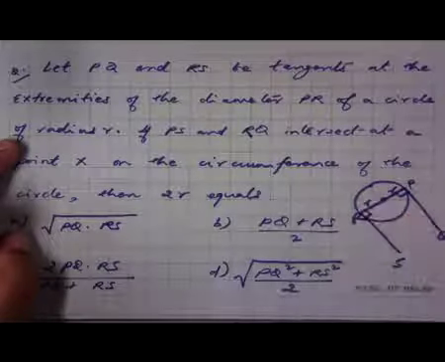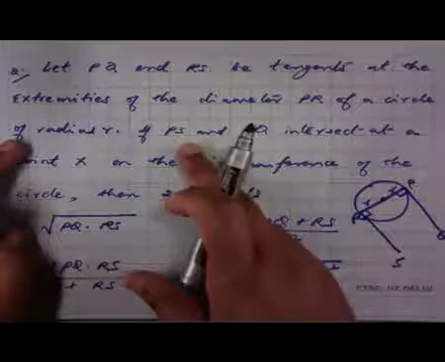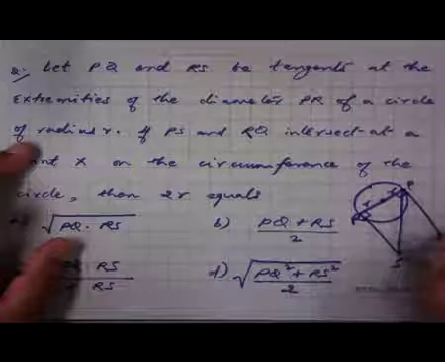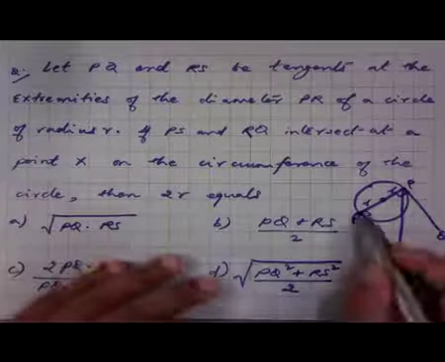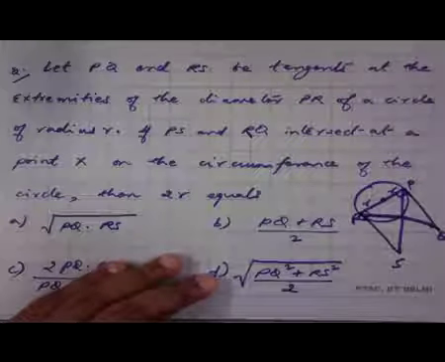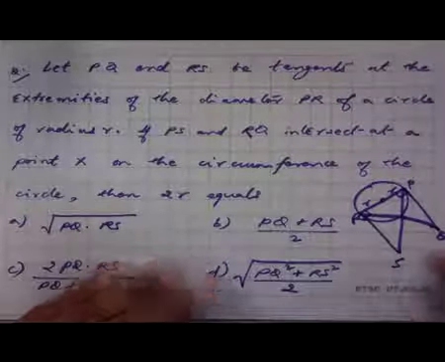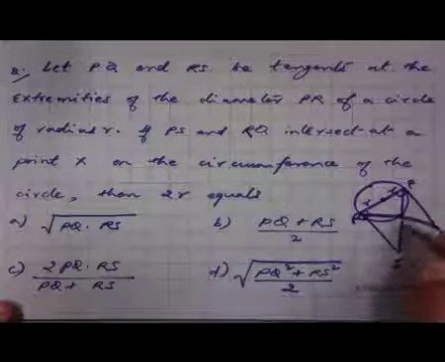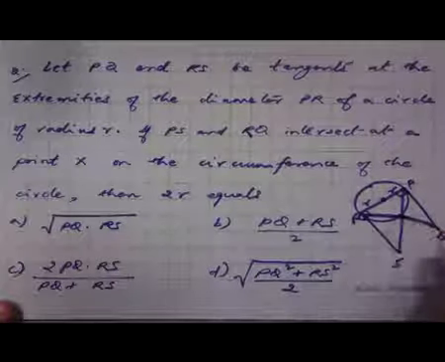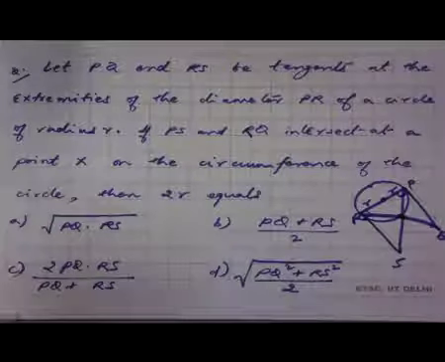It is said that if PS, so this is the straight line PS, and here we have the straight line RQ. So, these two points Q and S are such that PS and RQ intersect at a point, and this point of intersection of PS and RQ lies on the circumference of the circle.